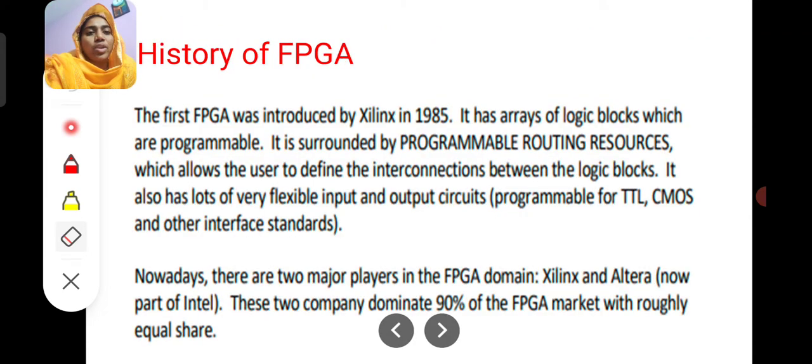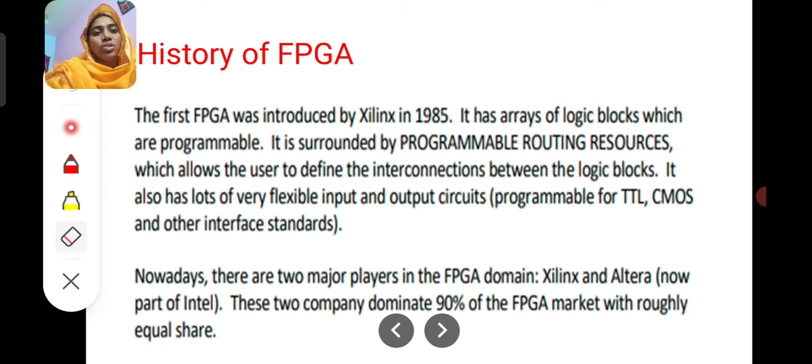Next, coming to FPGA. FPGA stands for Field Programmable Gate Array. The first FPGA was introduced by Xilinx in 1985, whereas we had VHDL in 1983. FPGAs can be operated only with the help of HDLs, right? So we cannot use software programs like C and Java in FPGAs.